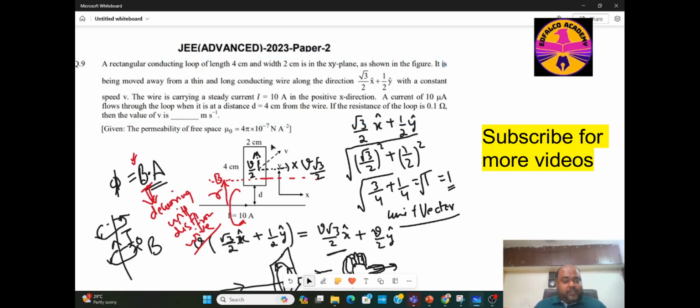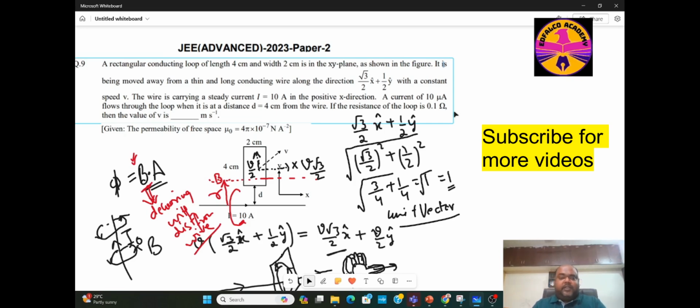And now since this is a loop, it has some resistance of 0.1 ohm which is given, and this 0.1 ohm is actually able to drive the current. Otherwise we saw that the formulation says that EMF is equal to minus d phi by dt, right? But where is the current coming from? Current is coming because if you connect the entire loop and it has some resistance, then obviously the current is going to flow.